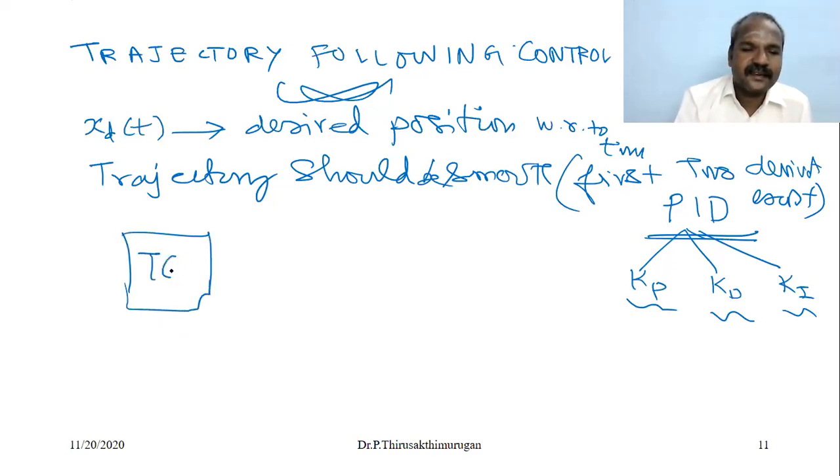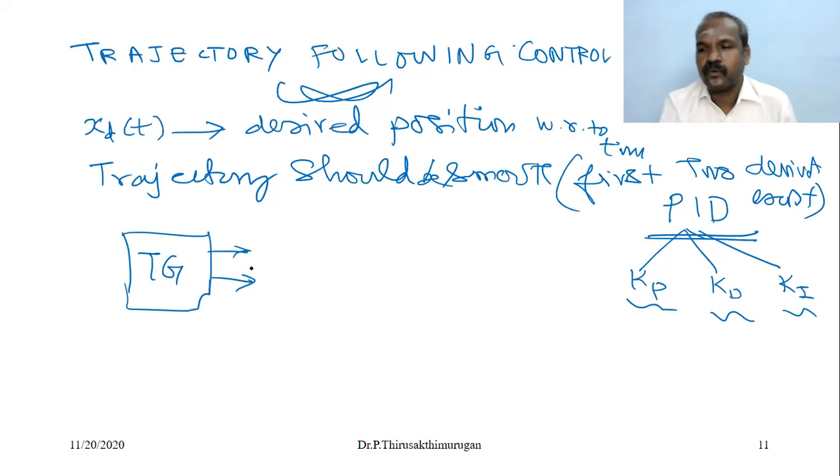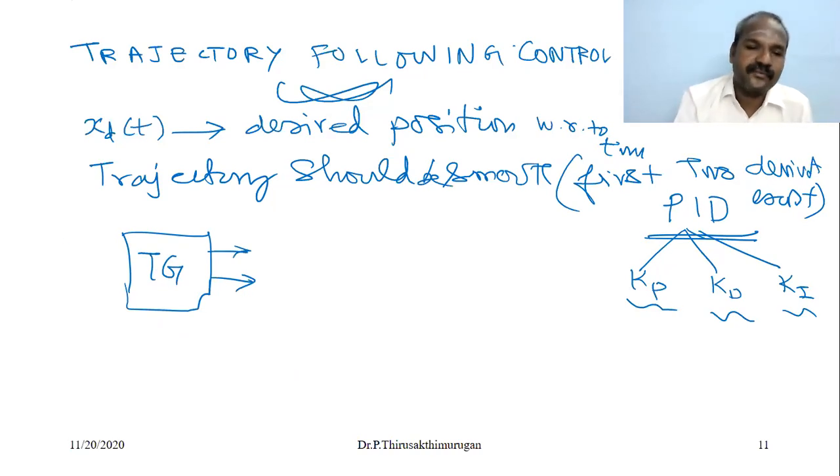So the trajectory generator generates only two values, only 2. If x is the normal position, then xd, xd dot, xd double dot.